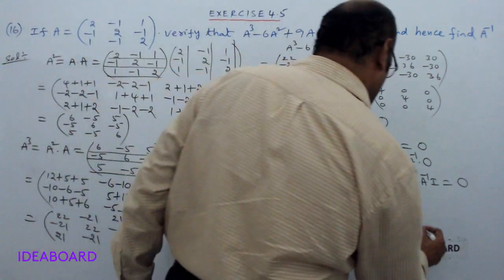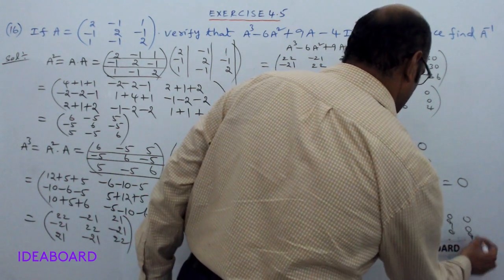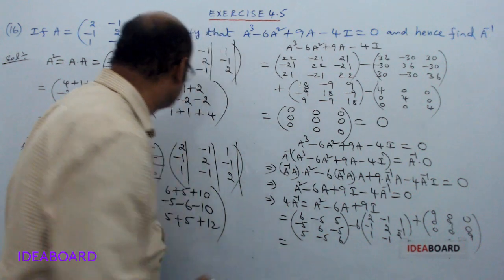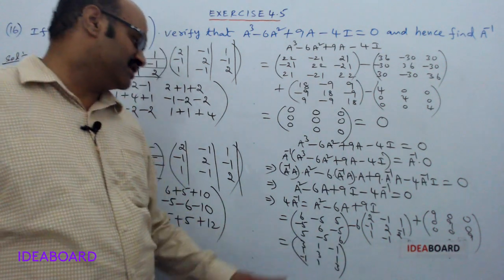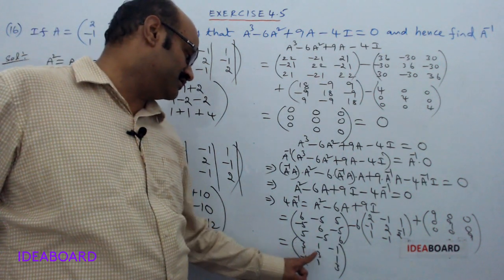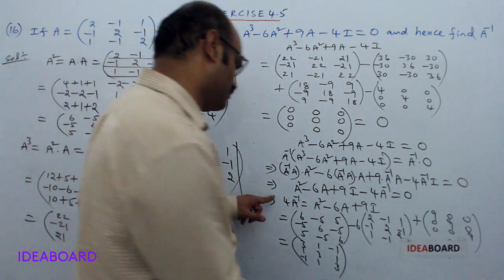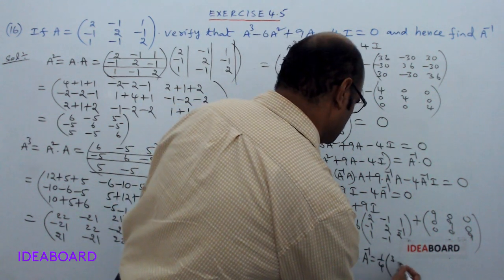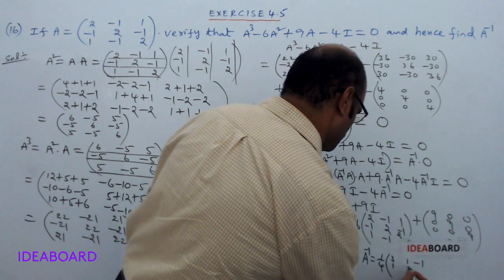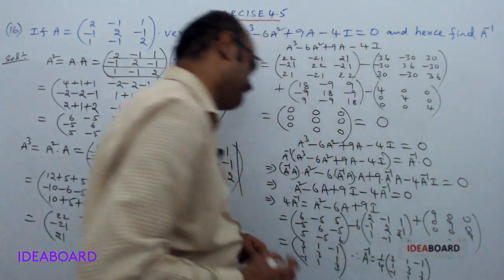Next we have plus 9 into I, 9, 0, 0, 0, 9, 0, 0, 0, 9. After simplification, we get 3, 1, minus 1, 1, 3, 1, minus 1, 1, 3. Therefore, A inverse equal to 1 by 4 into 3, 1, minus 1, 1, 3, 1, minus 1, 1, 3.